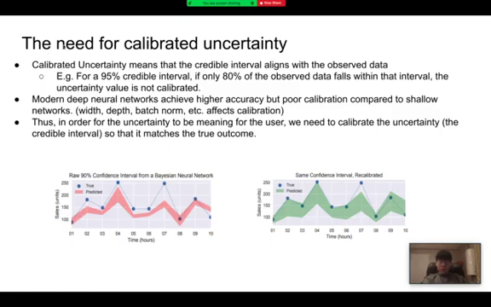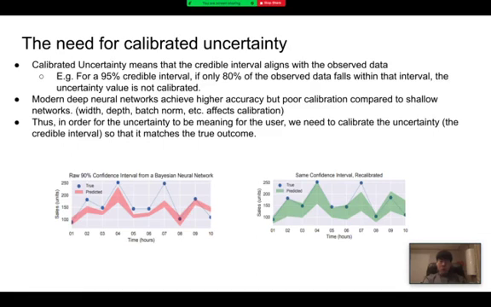So the reason we need a calibrated uncertainty is that calibrated uncertainty means that the credible interval aligns with the observed data. So for a 95% credible interval, if only 80% of the observed data falls within that interval, the uncertainty value is not calibrated.